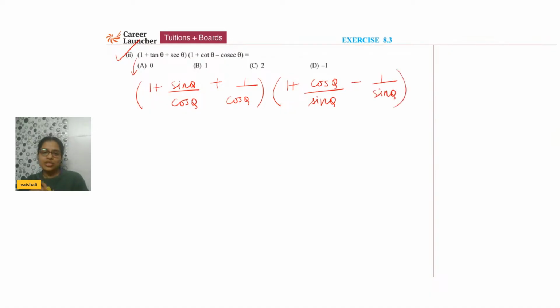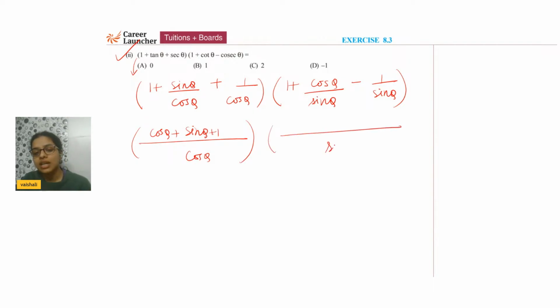Now the next thing is to take LCM. In the first case, we can take cos theta as the LCM. So what we are getting is cos theta plus sine theta plus 1. So we are done with this bracket. Now moving on to the next one, we have sine theta, which is sine theta plus cos theta minus 1.